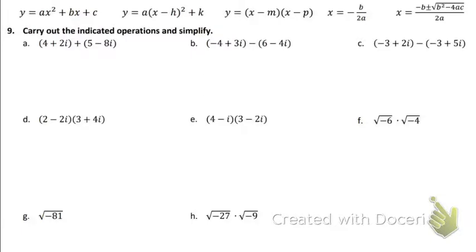All right. On number 9, part A, what's in between the 2 sets of parentheses? Addition. Whenever you see addition in between 2 complex numbers, we're going to line them up exactly as they are, and we're going to combine them together.